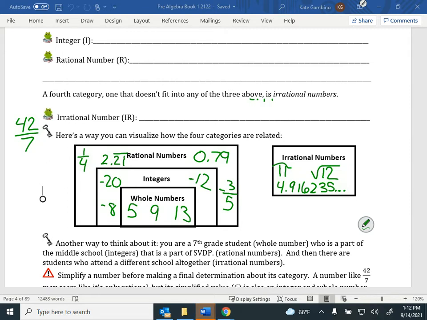Yeah. 42 divided by 7. So that's actually a 6. So that's actually just a whole number. Okay, so you can narrow it down. So I should rephrase that. Is it just a whole number? No, it starts out at the top. It is a rational number. It's also an integer, and it's a whole number. So it's all three of them.